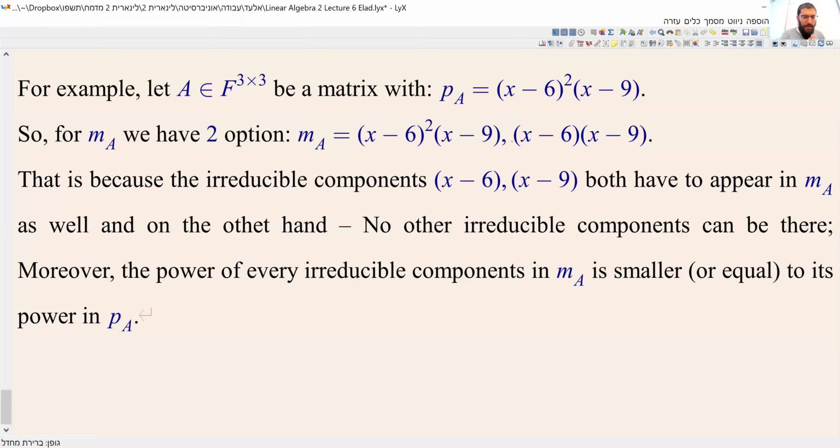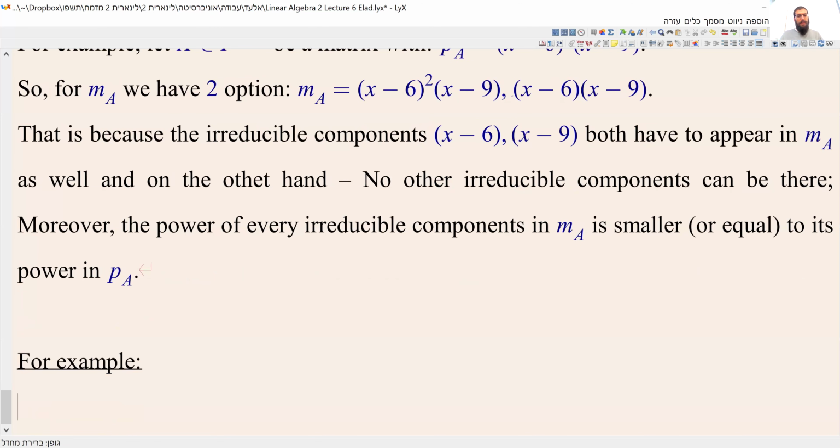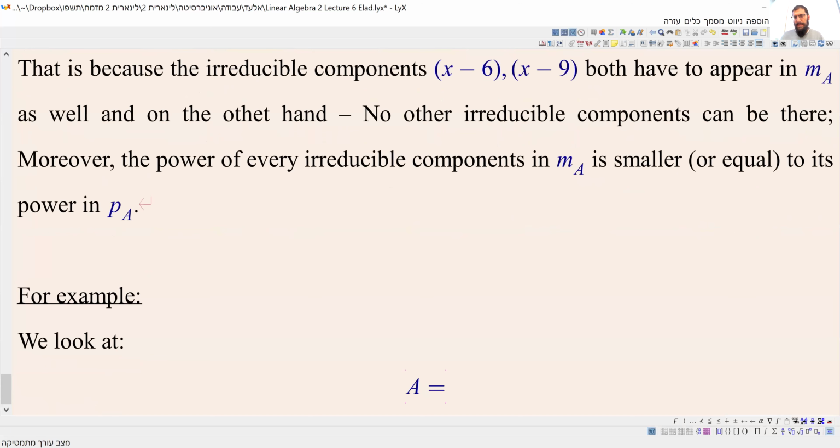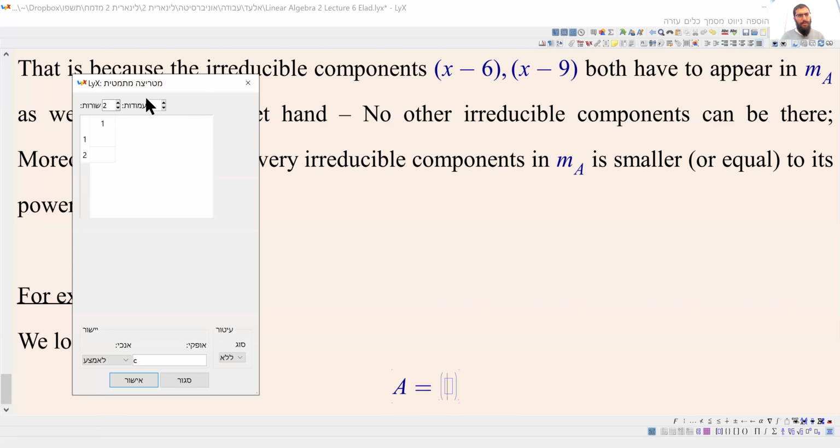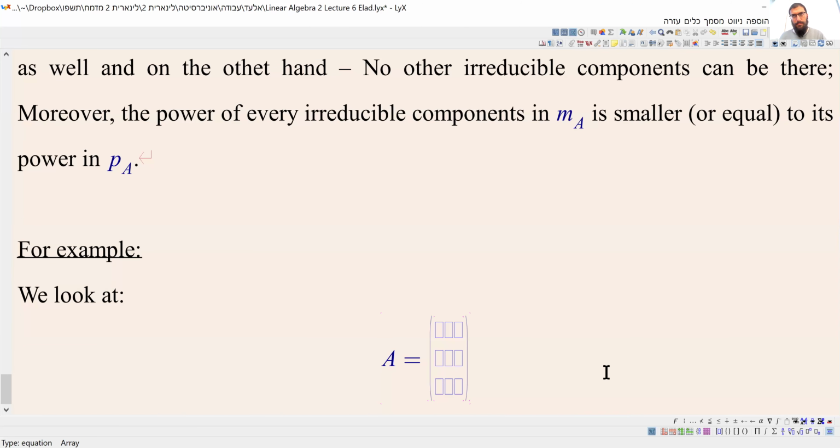Now, for a simple example, we'll see the example again probably next week. We look at the following matrix. Let it be... oh, let's do it. What number do you like? 3.